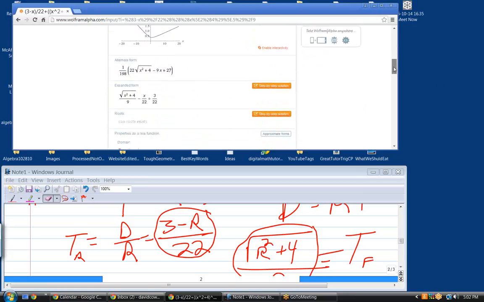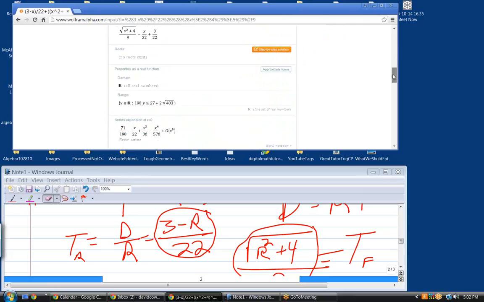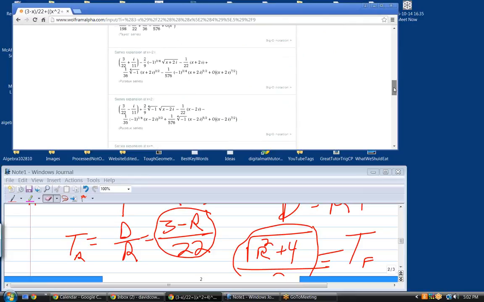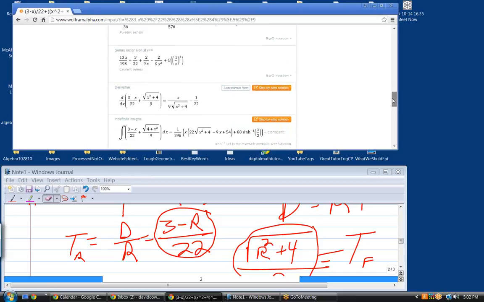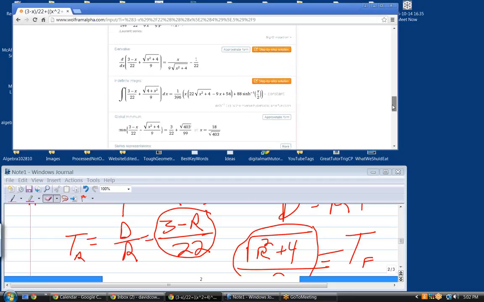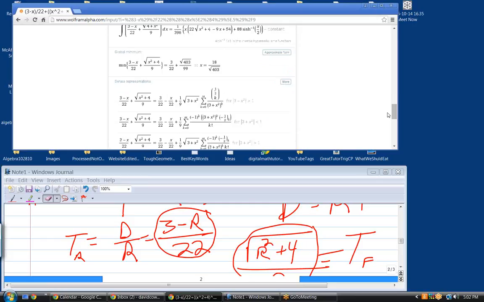A lot of times they will give you the mins and the maxes of these things along with the graph. They did give us the derivative, but setting it equal to 0 and solving it, not the easiest thing. Yeah, they do give us a minimum.